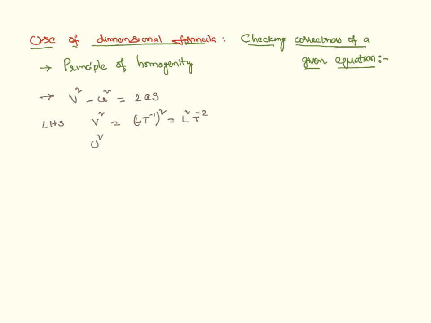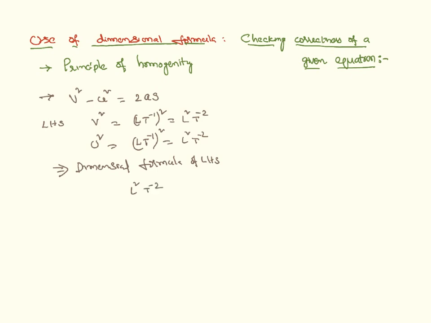Similarly, u square is also a velocity, the rate of change of displacement, whole square. So the dimensional formula of the LHS is simply L square T power minus 2.